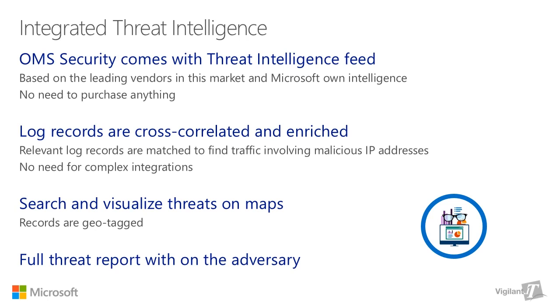Their goal is to enable customers to benefit from this knowledge and to protect their resources. Microsoft wants customers to achieve this out of the box without complex integration scenarios. Threat intelligence is all about enriching OMS security and audit by continuously feeding real-time intelligence into the log data in a process called cross-correlation and enriching.